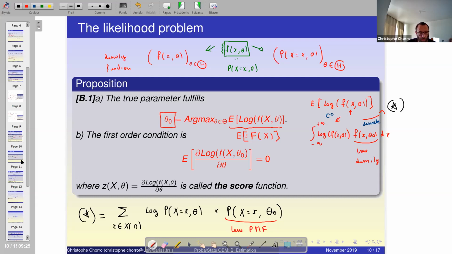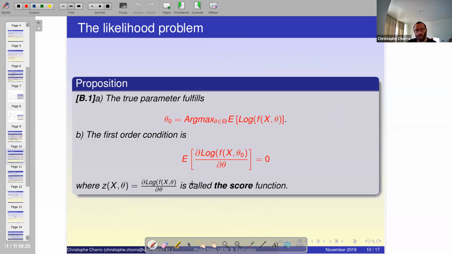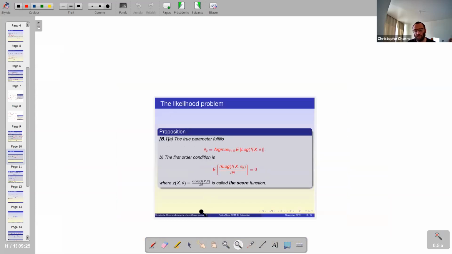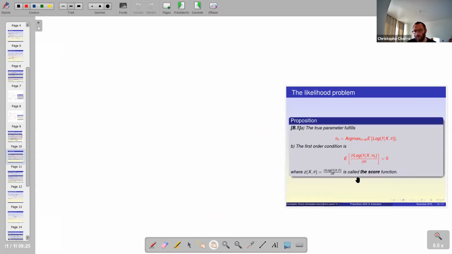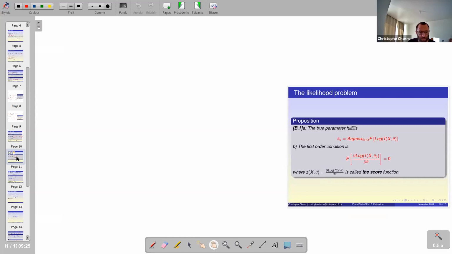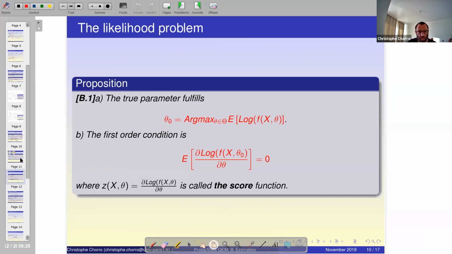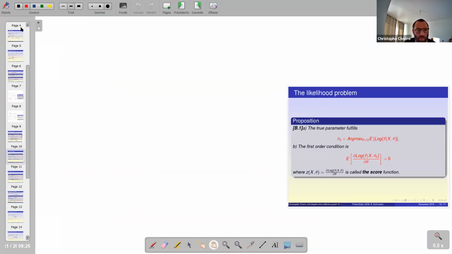So what I want to prove now is this proposition B1. This proposition will allow me, and it's important, to express my parameter of interest as the one that maximizes a particular objective function. I keep the slide here, and maybe I will duplicate it in order to use it later if I need.